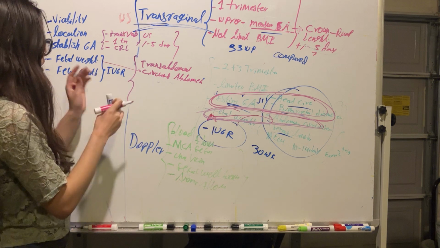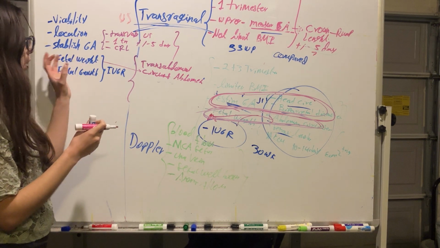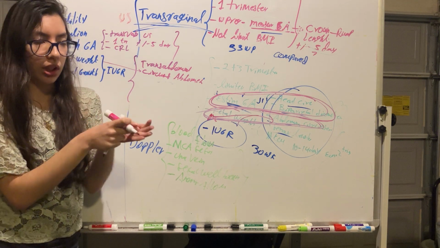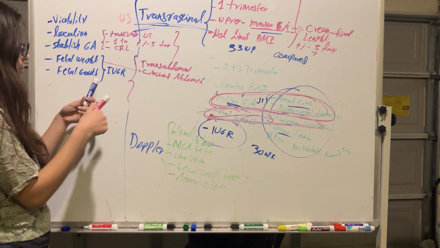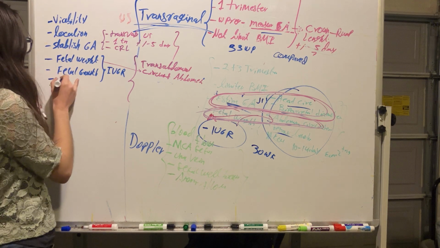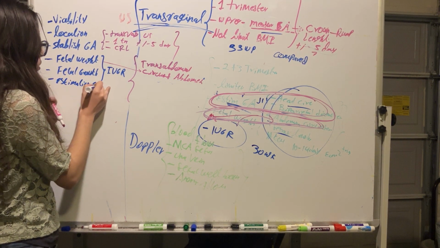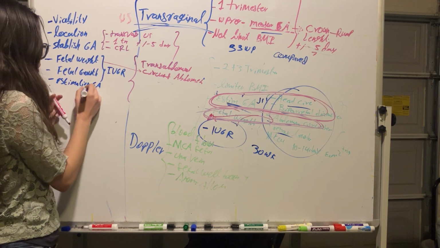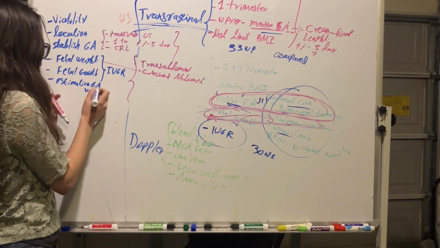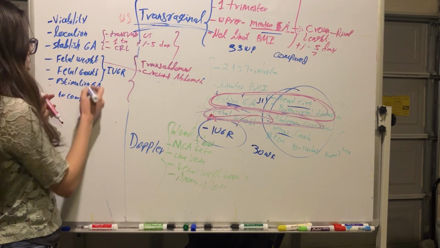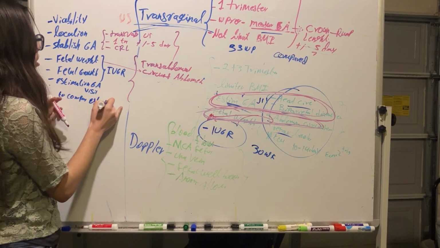Fetal growth is comparing as a whole the fetal weight and the estimation of the gestational age at this time. So also estimation of gestational age at this visit to compare with the already established gestational age.